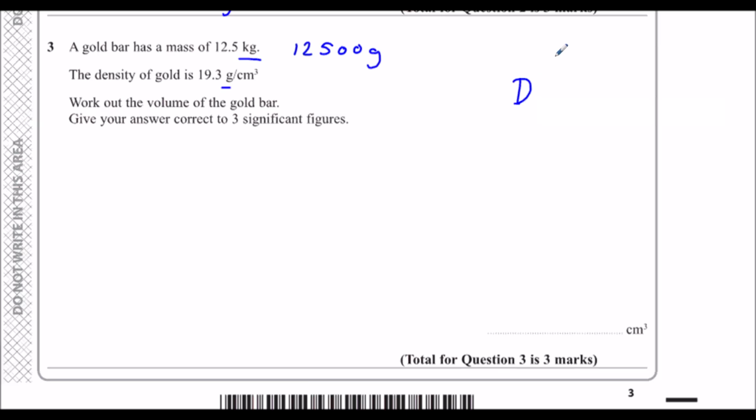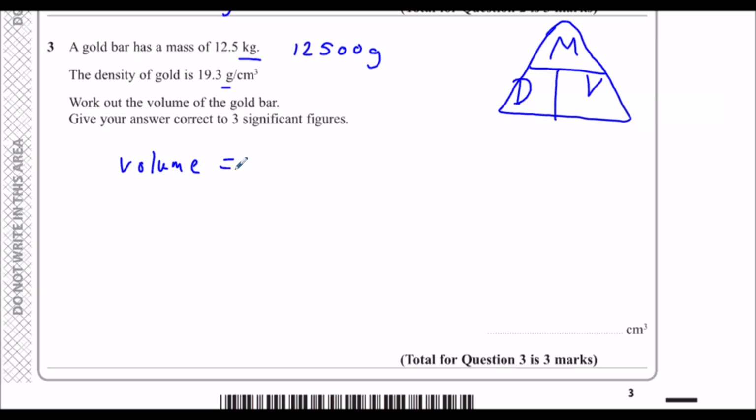It's a density question. Density equals mass over volume. What are we working out? We're working out volume. So that's going to be mass over density. The mass is 12,500. The density is 19.3.